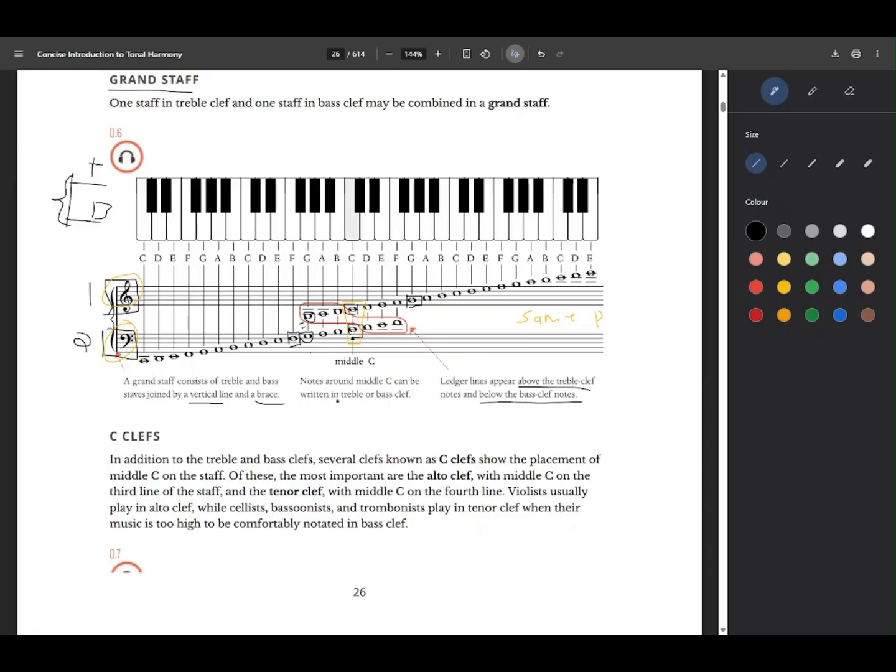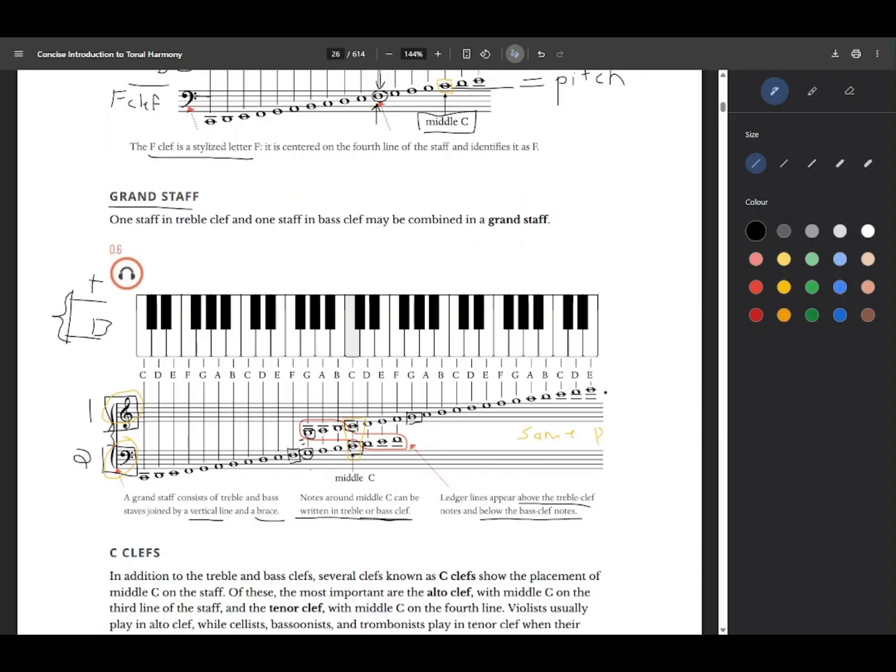Notes around middle C can be written in both treble and bass clef. Yes, so they have equivalents in both clefs. There are notes that use ledger lines in the bass clef that don't use ledger lines in the treble clef, so they can be written in both treble and bass. And we already went over this.